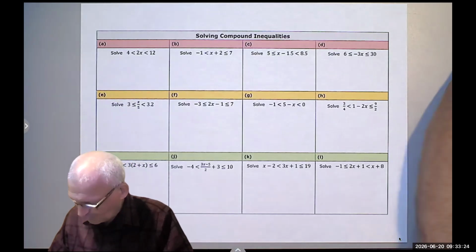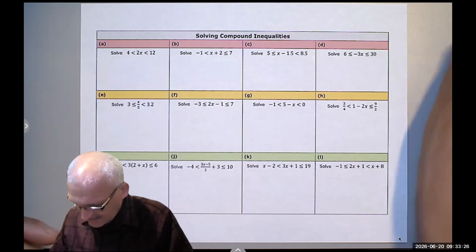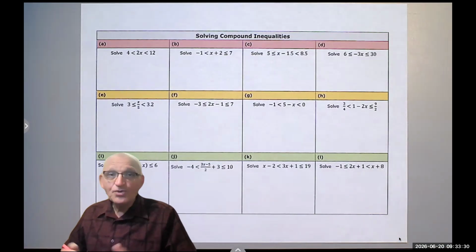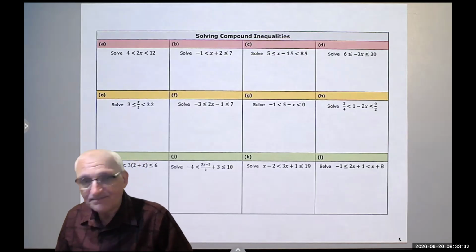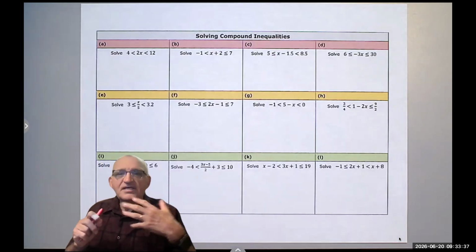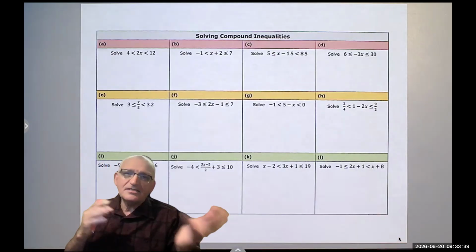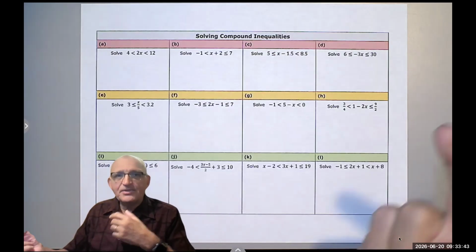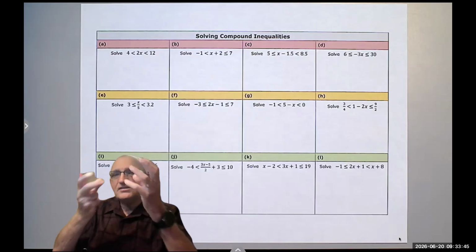Here we have like 12 pieces. I see that the ones on the right-hand side are harder, but we are going to go over all of them. So when we say compound inequalities, it's not like we say x is greater than 2 or x is less than -4. No, I give you the lower limit as well as the upper limit. So it's like they are two inequalities combined.